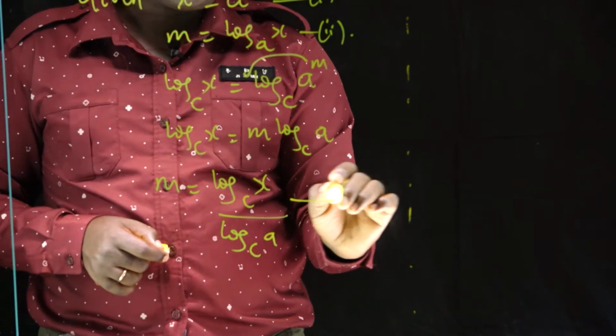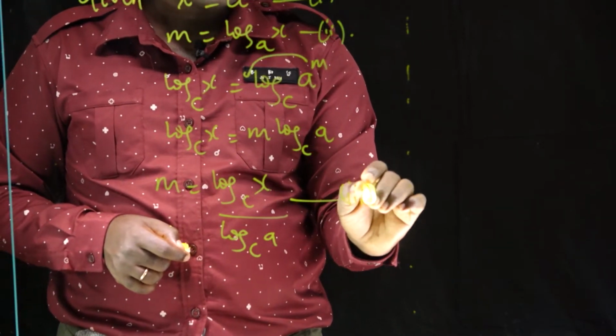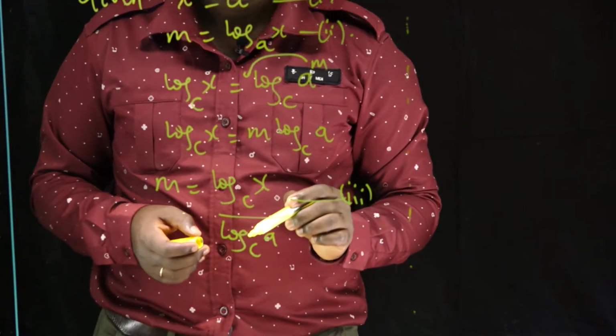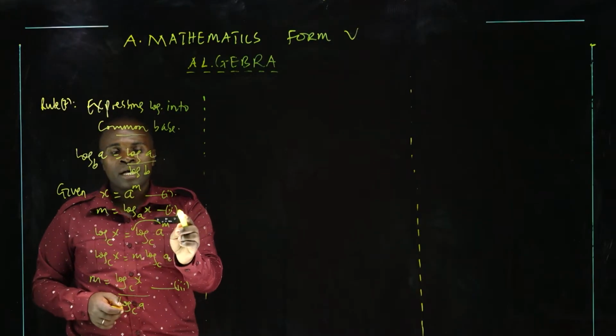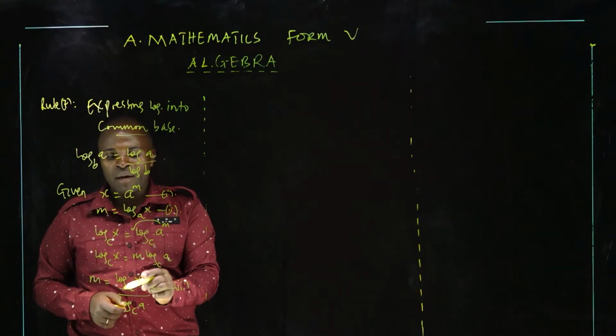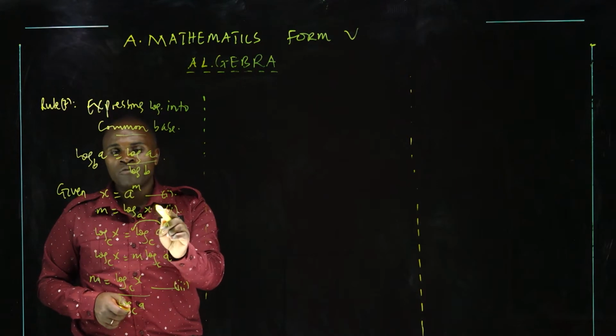Let us call this equation 3. Checking carefully from equation 2, wherever there exists m, it signifies logarithm of x base a.